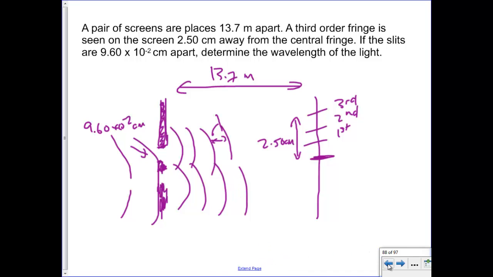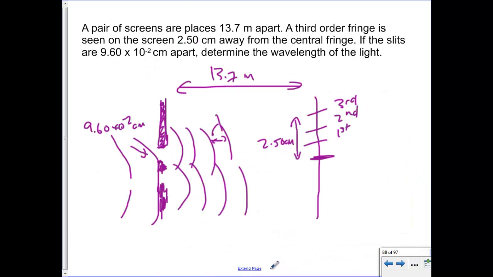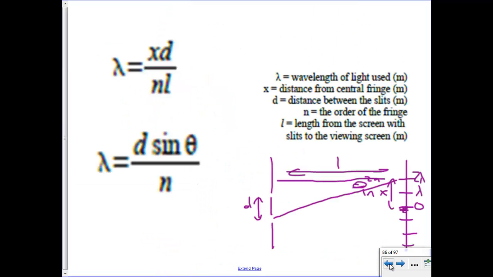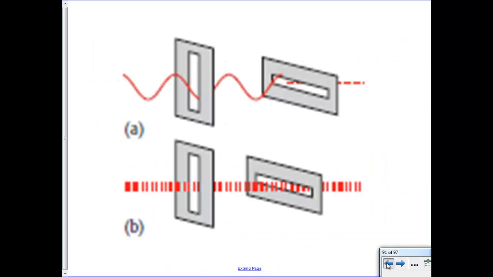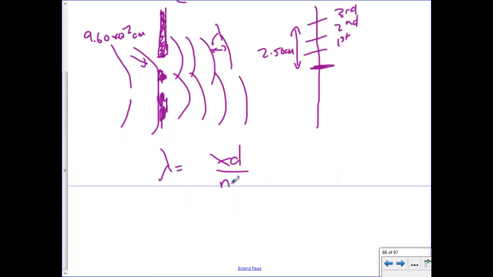So in terms of information, we're now using the other formula. So lambda equals xd over nl. Same thing though, we need to put everything into the same unit of measurement.